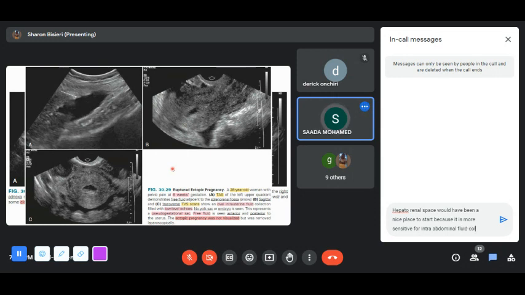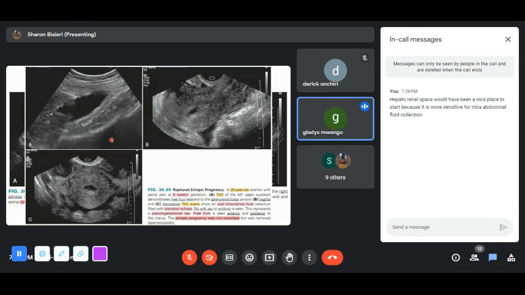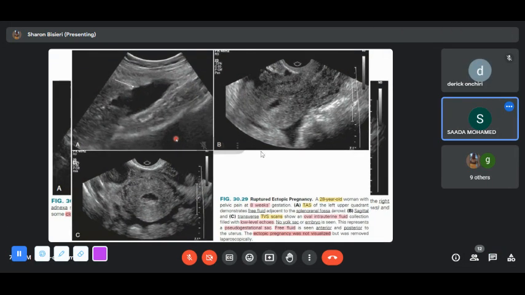It was a woman of reproductive age who had severe abdominal pain, to rule out acute abdomen. I cannot remember the HCG, the pregnancy test that was done, beta HCG.